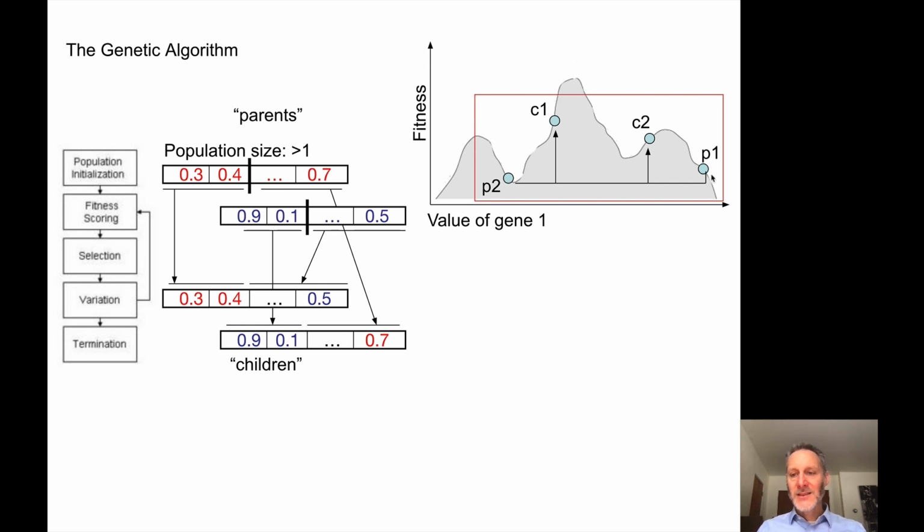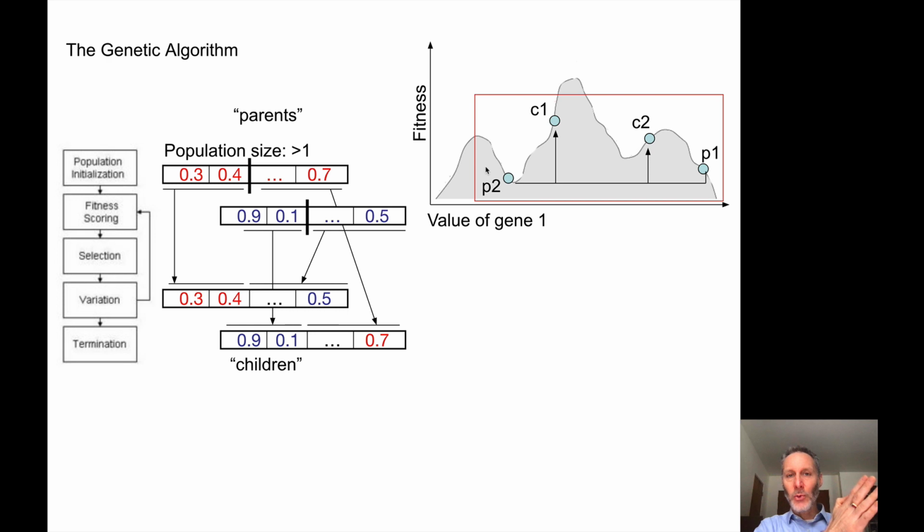Now we take these 2 individuals, and when they produce children, they do not produce a child alone. We randomly choose 2 solutions in the population. In this population, we only have P1 and P2, so we choose P1 and P2.